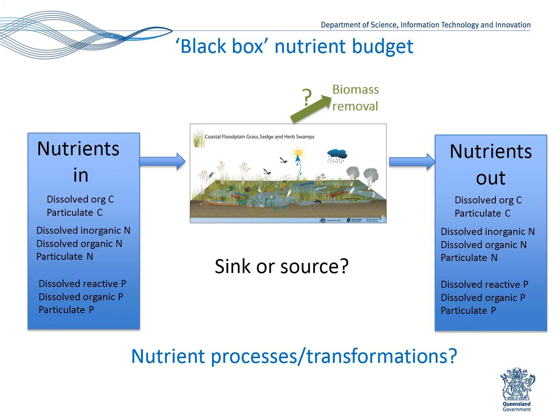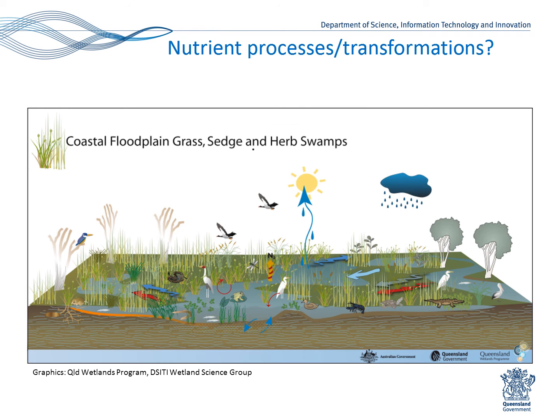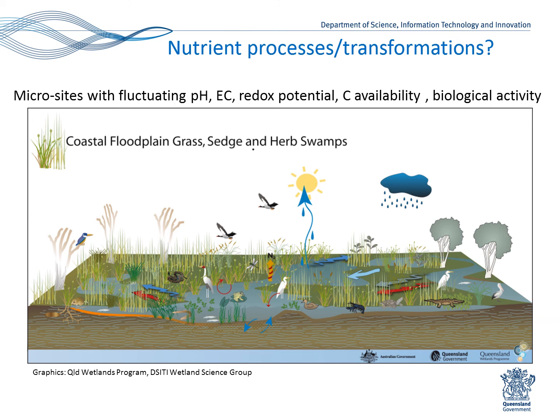Wetlands are, of course, extremely complex. And like our agricultural soils, there are microsites in the wetlands which have vast changes in conditions in terms of pH, redox potential, carbon availability, and biological activity. So you cannot characterise a wetland as being aerobic or anaerobic. You can't characterise a wetland as being mainly this pH or that EC.